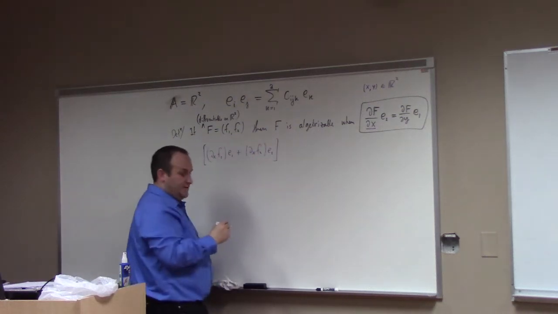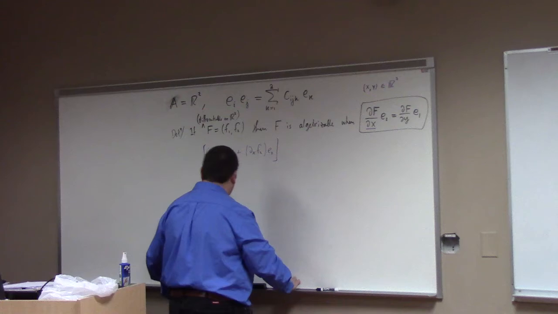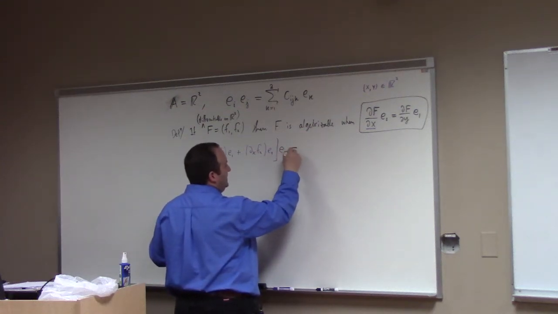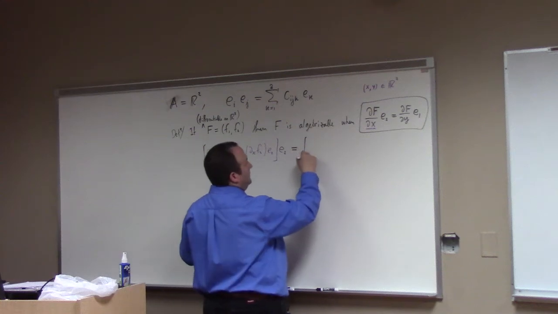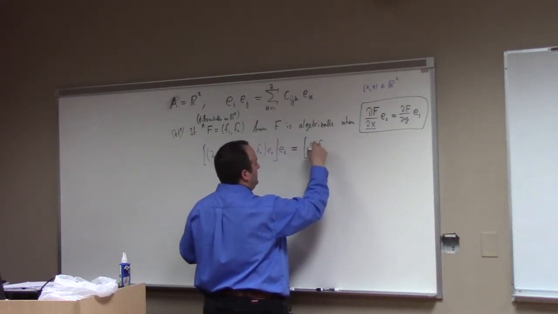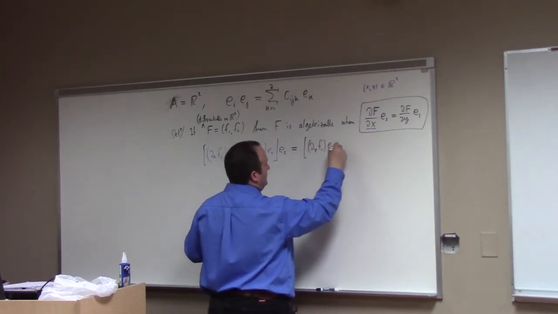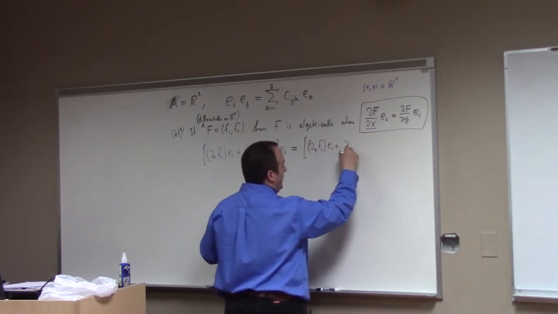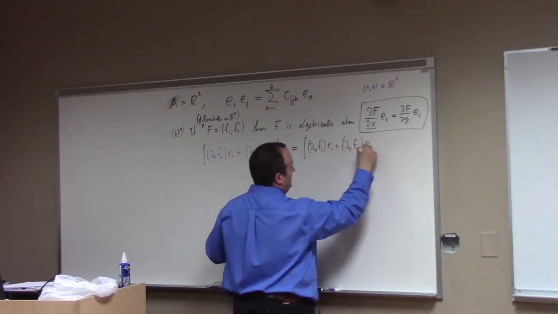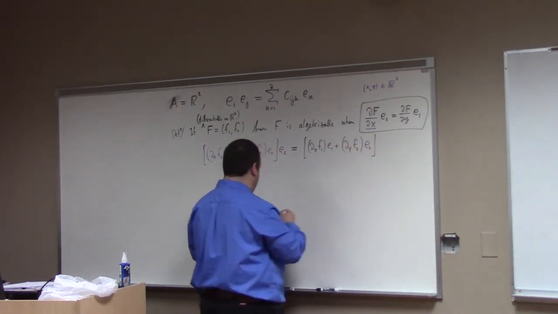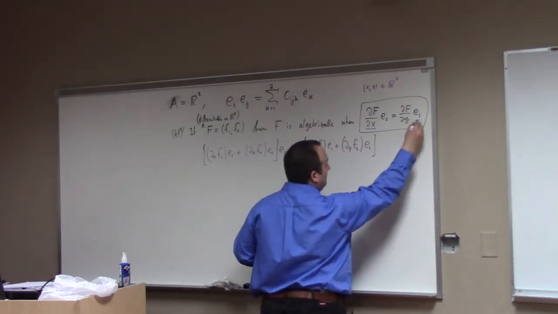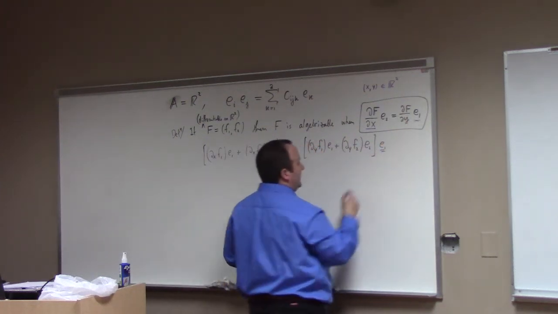We multiply that by e2, and that's equal to partial y F1 e1 plus partial y F2 e2, and then I multiply that by e1. Okay?